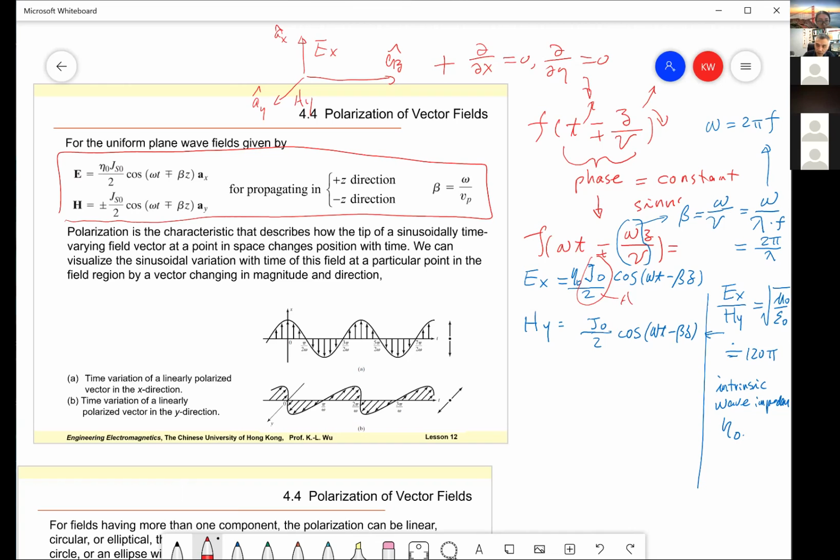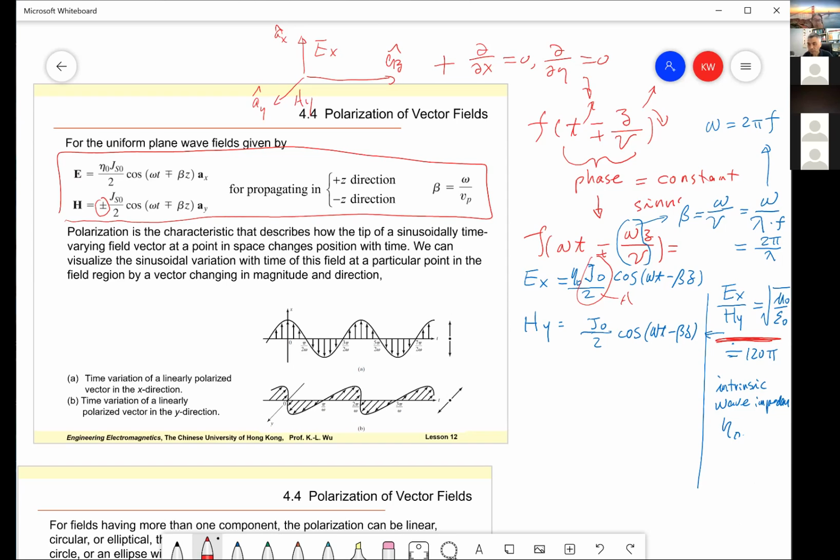Also pay attention, we have plus minus, because when the wave propagates in the positive z direction, the ratio is this. When the wave propagates in the minus z direction, the ratio Ex over Hy equals minus the wave impedance, right? We derived this, so we don't repeat.